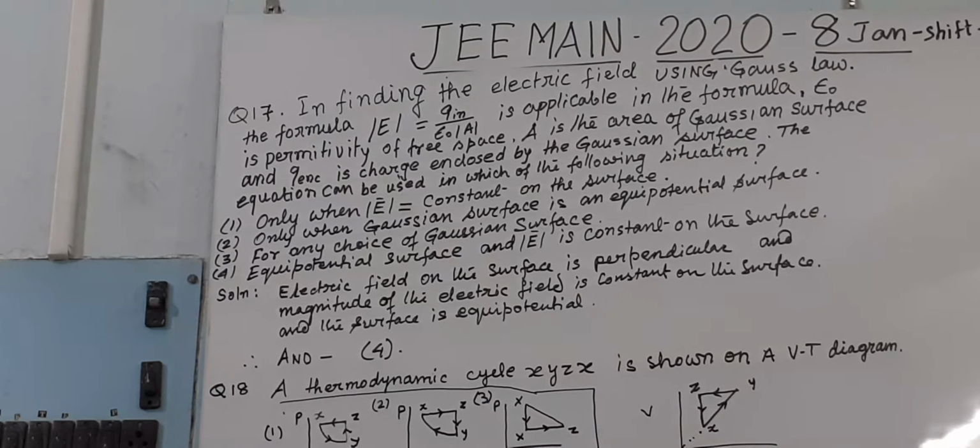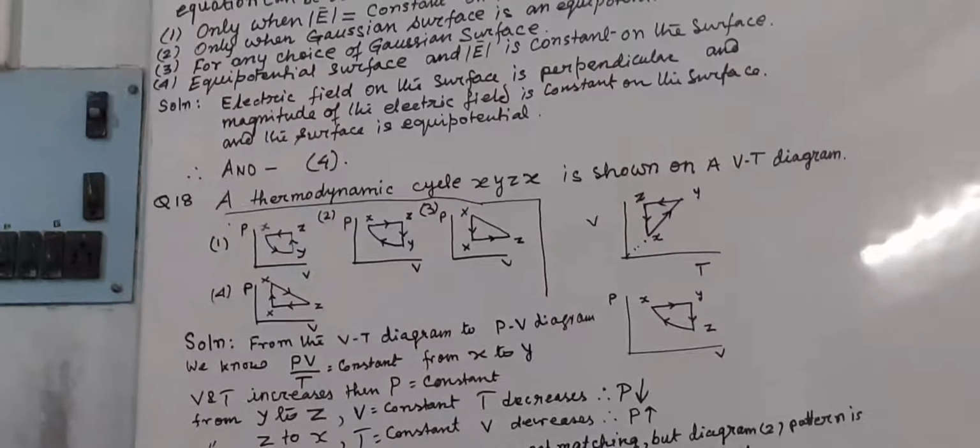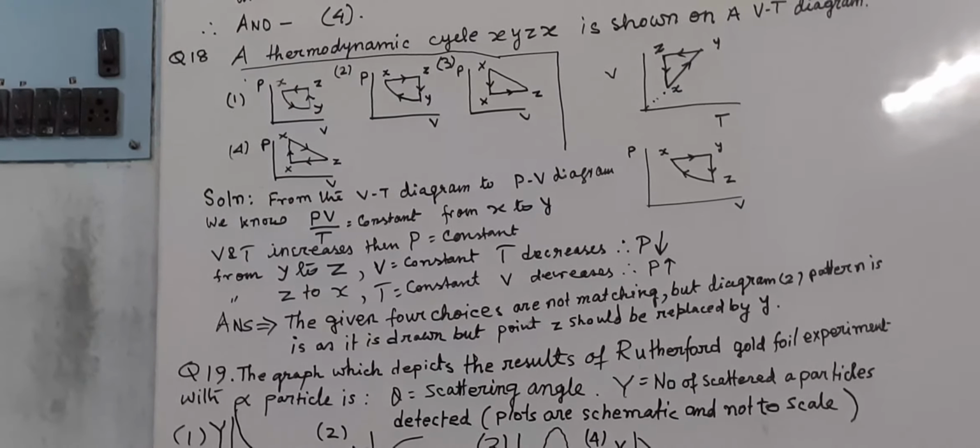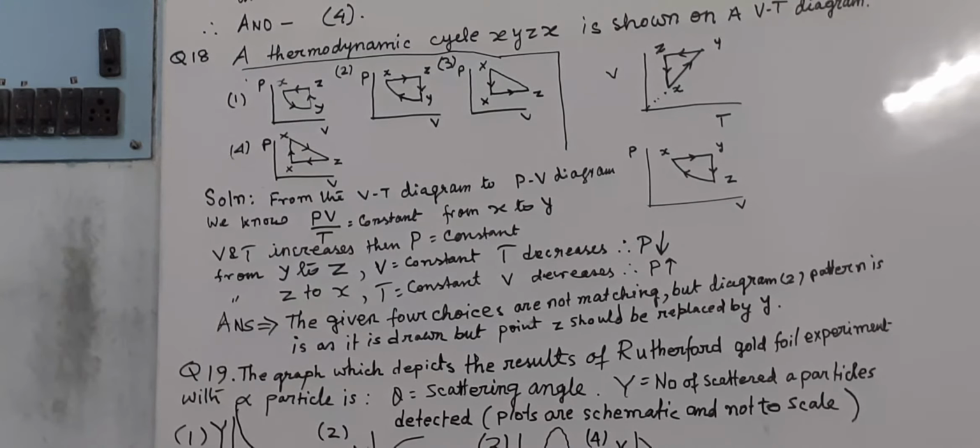Now question number 18. A thermodynamic cycle X, Y, Z, X is shown on a VT diagram. There are 4 PV diagrams provided, and in the question a VT diagram is also provided.